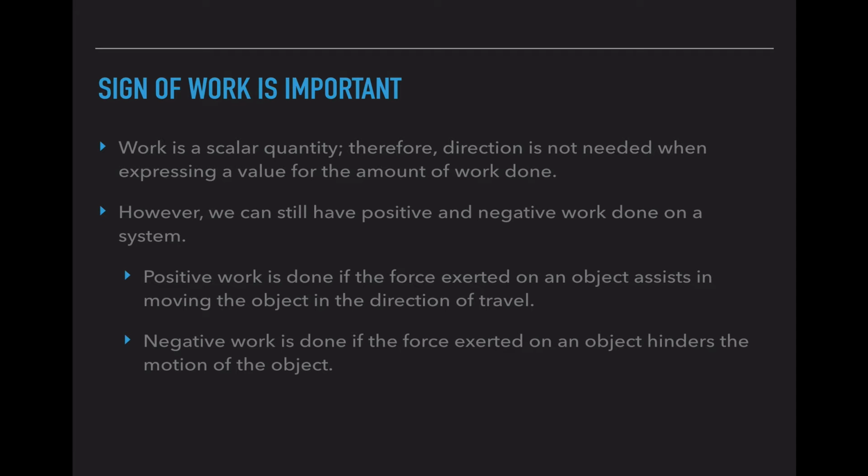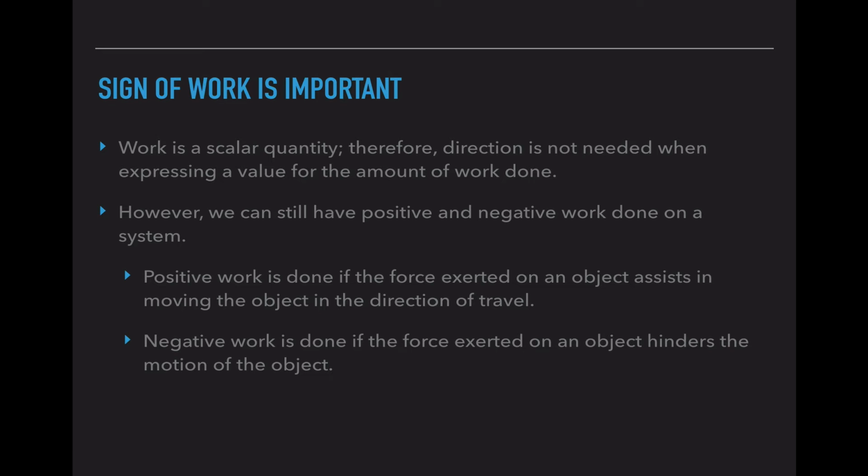So positive work is done if the force exerted assists in moving the object. Meaning, if I am walking through the airport and I walk on one of those moving sidewalks, that would be considered positive work because it allows me to move faster. Negative work is done if the force exerted on an object hinders the motion of the object, meaning that it hurts it or slows it down.